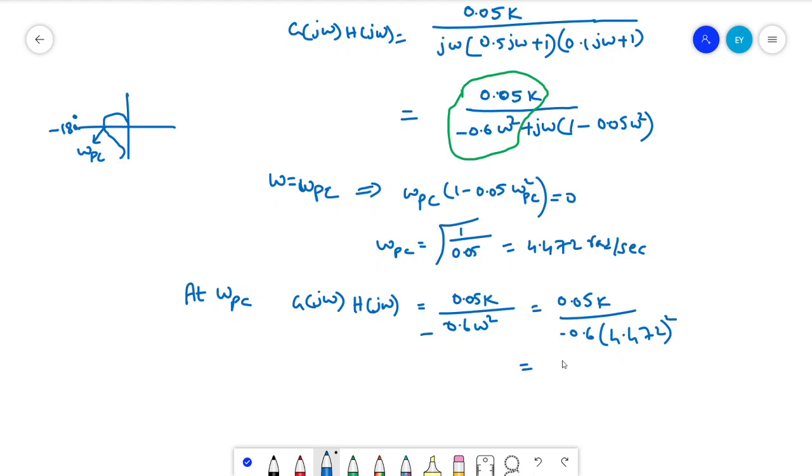If you compute this you will get minus 0.00417 k. This is the magnitude where this plot will intersect the real axis. So the distance from the origin is 0.00417 k. We don't know the value of k, so I'll just mention it here: this magnitude point is minus 0.00417 k.